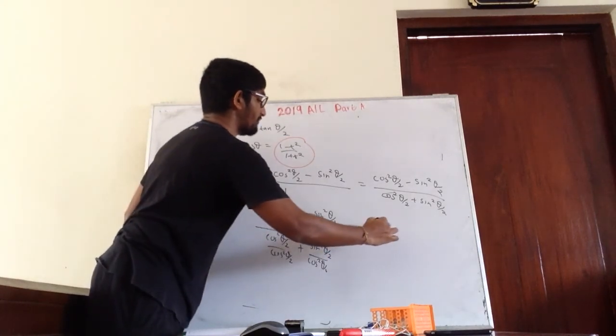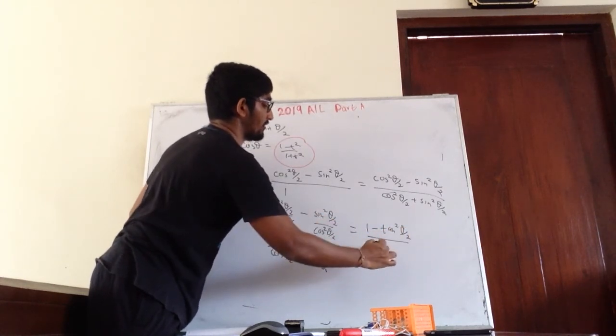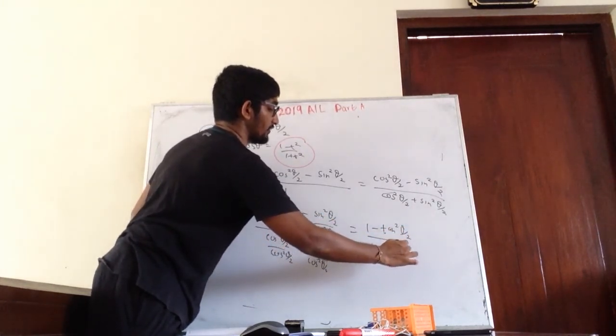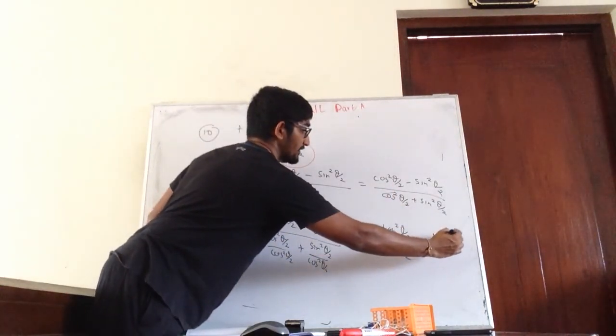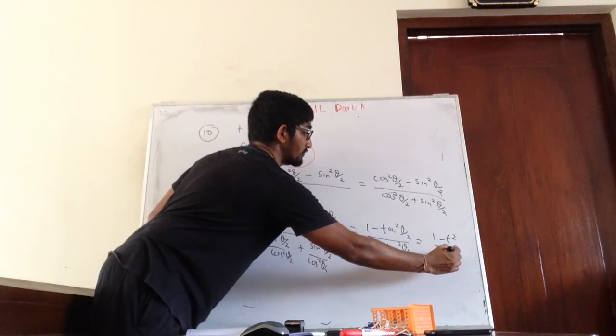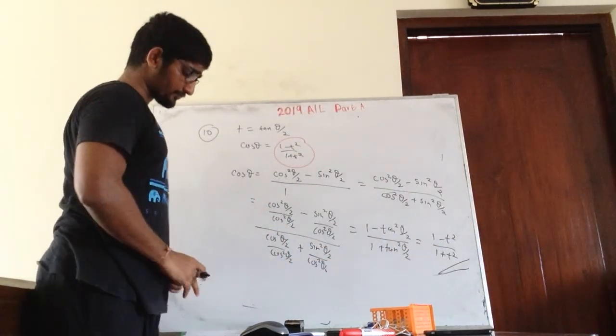So you will get 1 minus tan square theta over 2 over 1 plus tan square theta over 2. This is basically 1 minus t square over 1 plus t square. So this is what they ask us to do first of all.